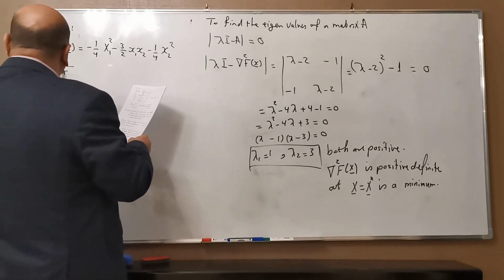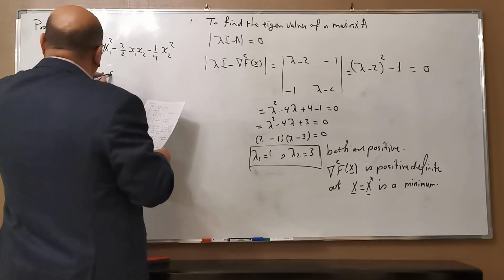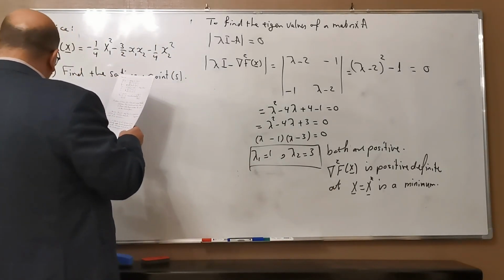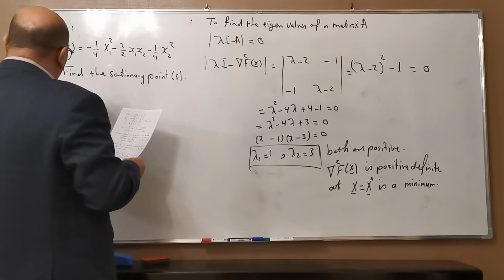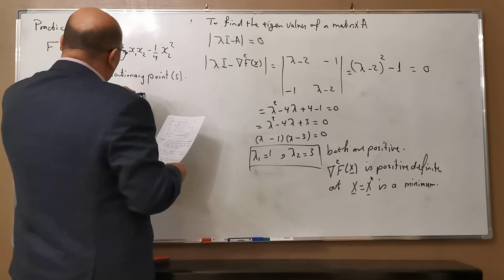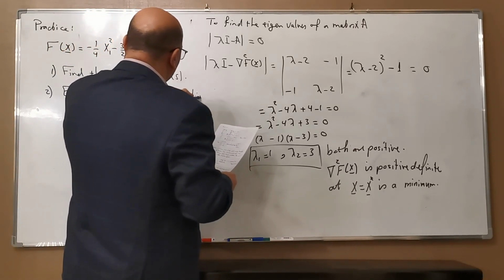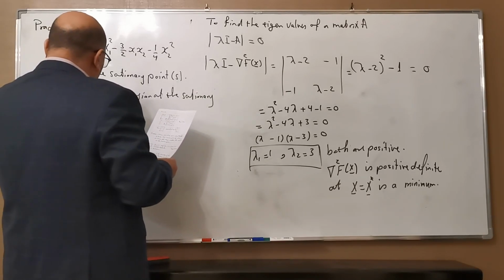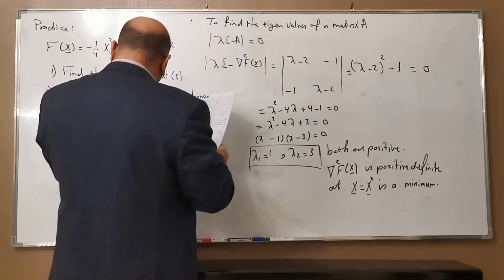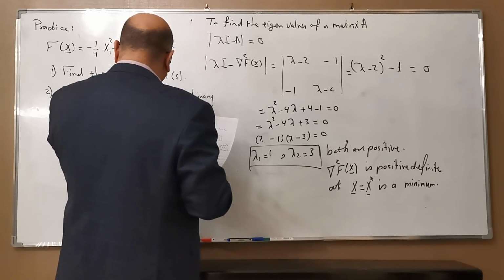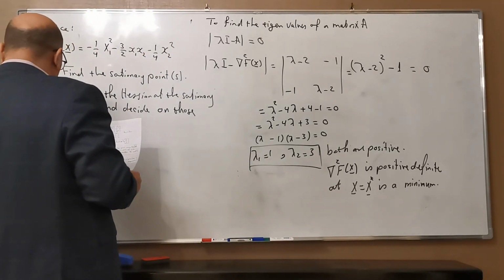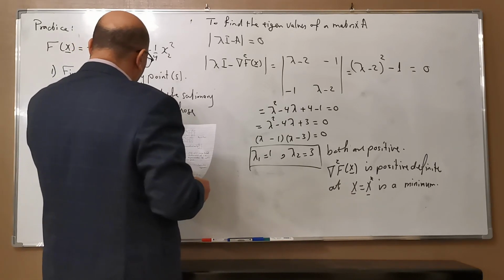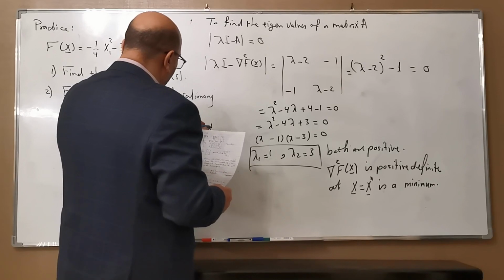Find the stationary point or points, evaluate the Hessian at the stationary points, and decide on those points if they are minimum or not.